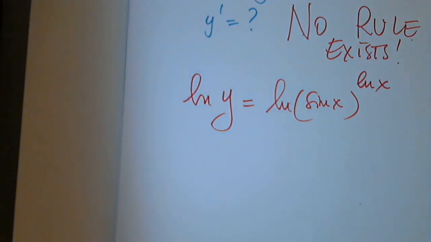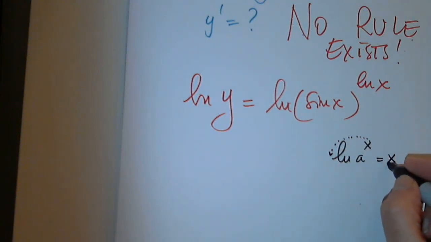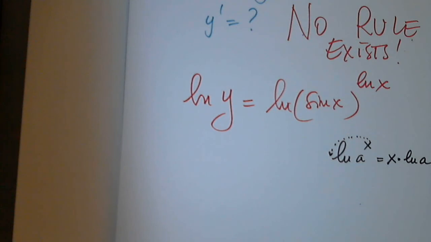Let me refresh your memory on one of the properties of log, which is the power rule. If we have natural log of a raised to x, we know that the power goes in front as a factor, and we multiply by natural log a. That's exactly the property we're going to use now. This is basically an equation.